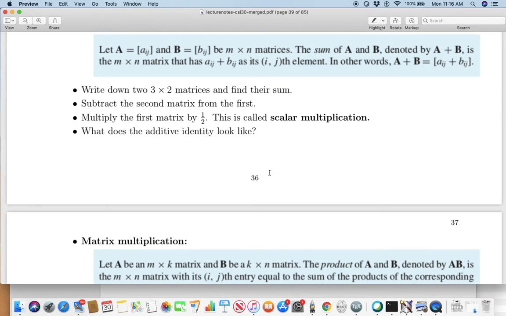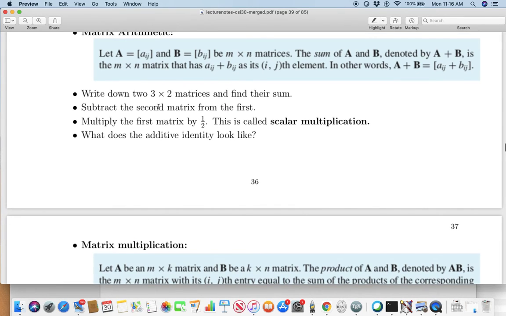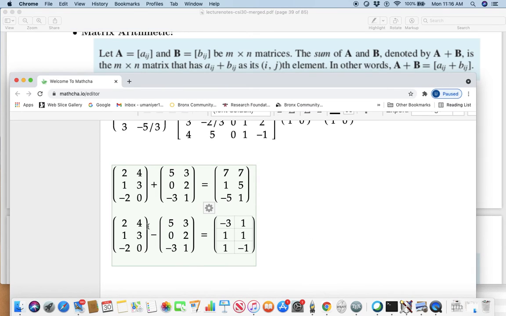Now subtract the second matrix from the first. We just did that. Now multiply the first matrix by half. This is called scalar multiplication. What does additive identity look like? Okay, so let's take the first matrix and multiply it by half. What does that even mean?